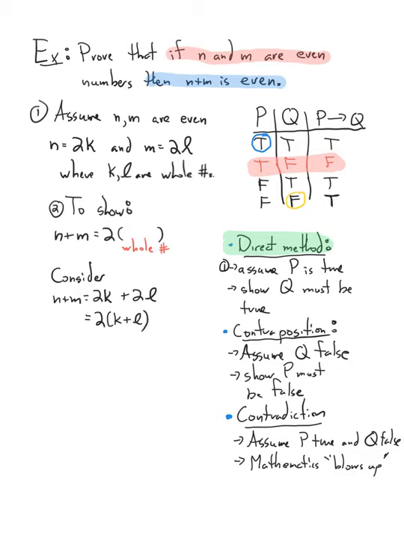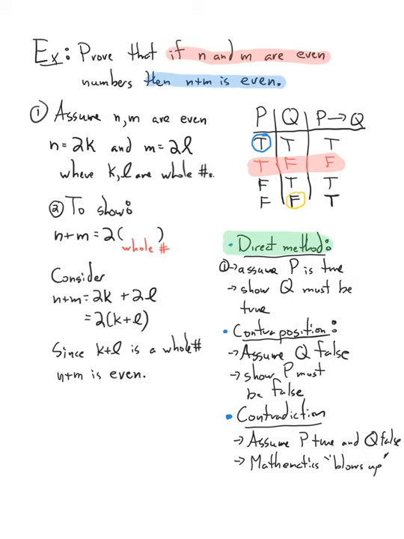And then maybe you'll just tell the reader, remember this is a communication exercise as well, I can say that since k plus l is a whole number, because I'm just adding whole numbers, then n plus m is even.